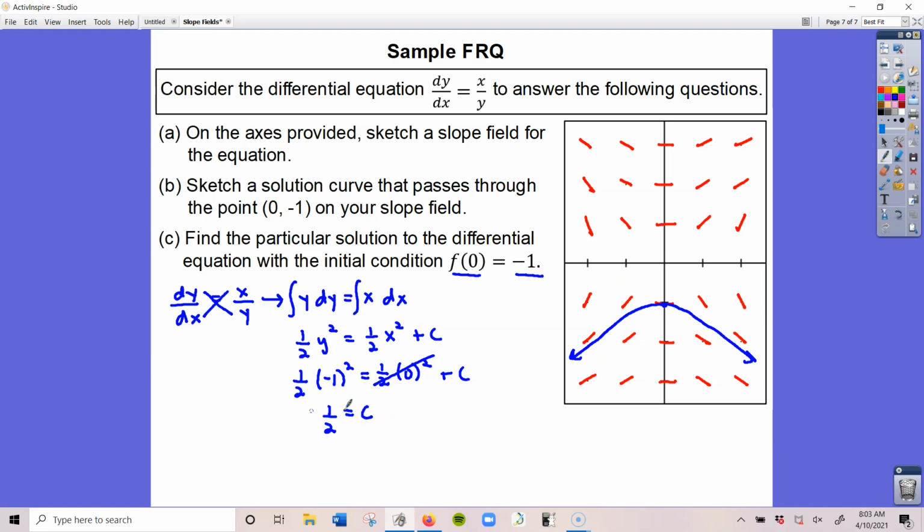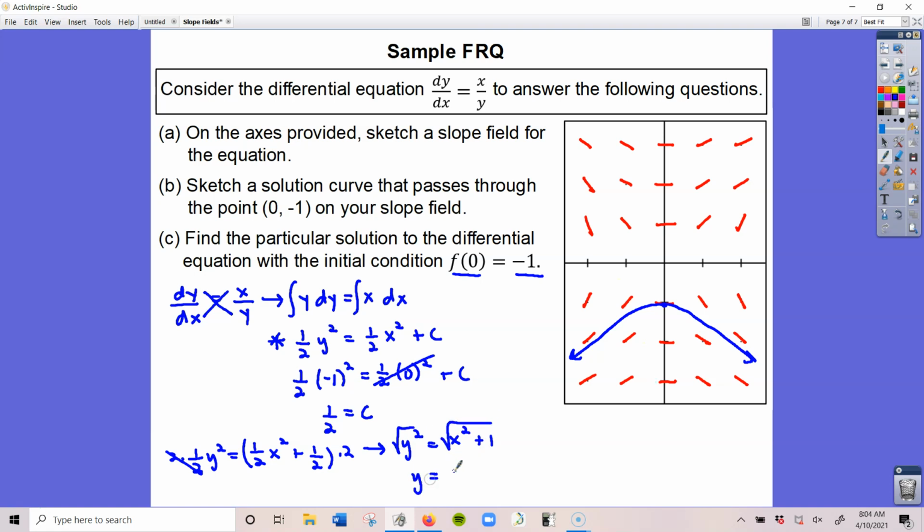Now we come back to my general solution and plug in c so that we can solve for y. So 1/2 y squared is equal to 1/2 x squared plus 1/2. To solve for y, first we multiply everything by 2, and we get y squared is equal to x squared plus 1, and then take the square root.